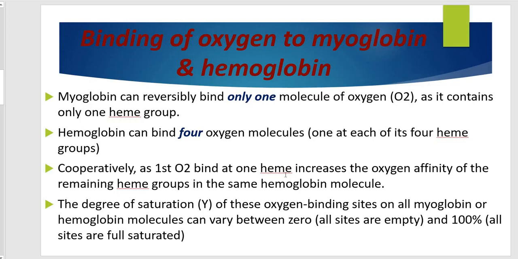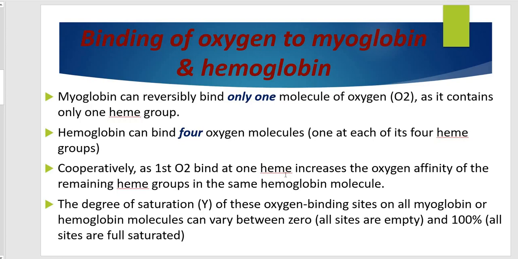So when hemoglobin is bound to a second oxygen molecule, this will increase the affinity of this molecule of hemoglobin to bind with the third oxygen, and so on. The third oxygen molecule, when bound to hemoglobin, will increase its affinity to be bound with the fourth oxygen molecule. So the first oxygen molecule is the most difficult, and the fourth has the maximum affinity for oxygen.